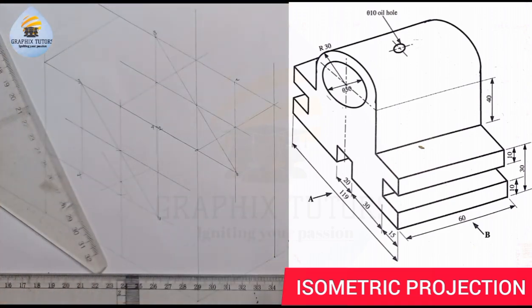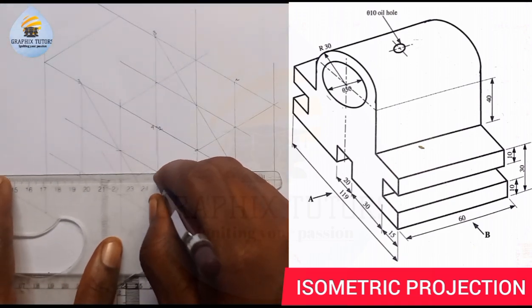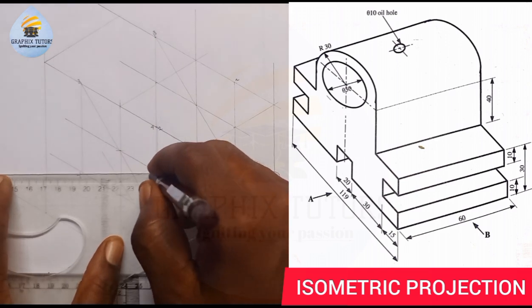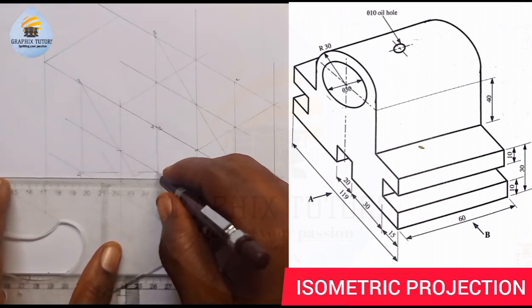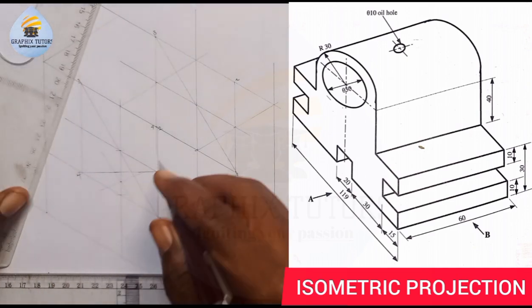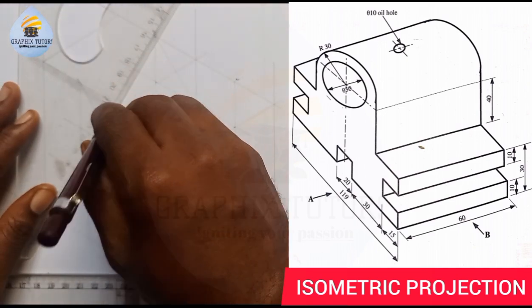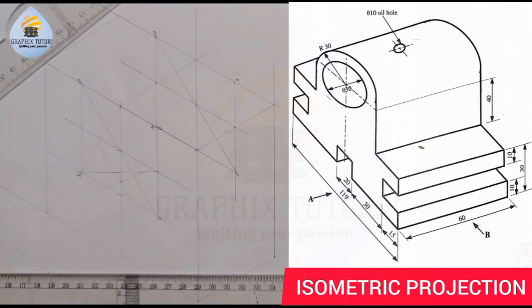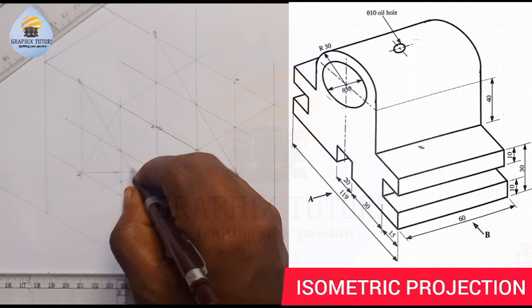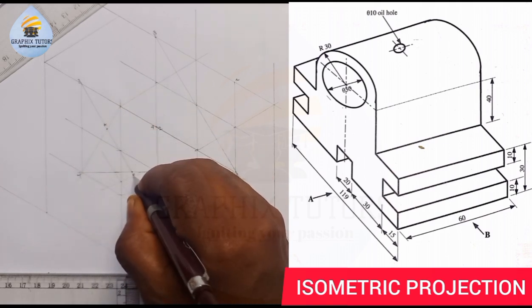You can see that. Then from 4, connect it to this point. All good. Now where they meet is at this point here. I'll call it point A and point B.